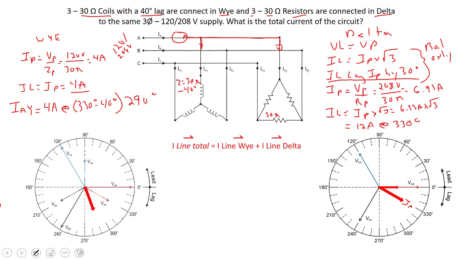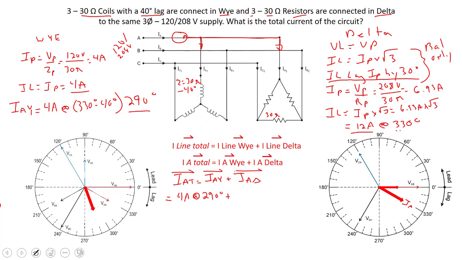Okay, I think we're ready to add these two vectors up. We have the line current from both of them. I usually write it out like this if I'm working with just line A. IA total is equal to IA of the Y plus IA of the delta at their respective angles. So we've got 4 amps at 290 degrees plus 12 amps at 330.